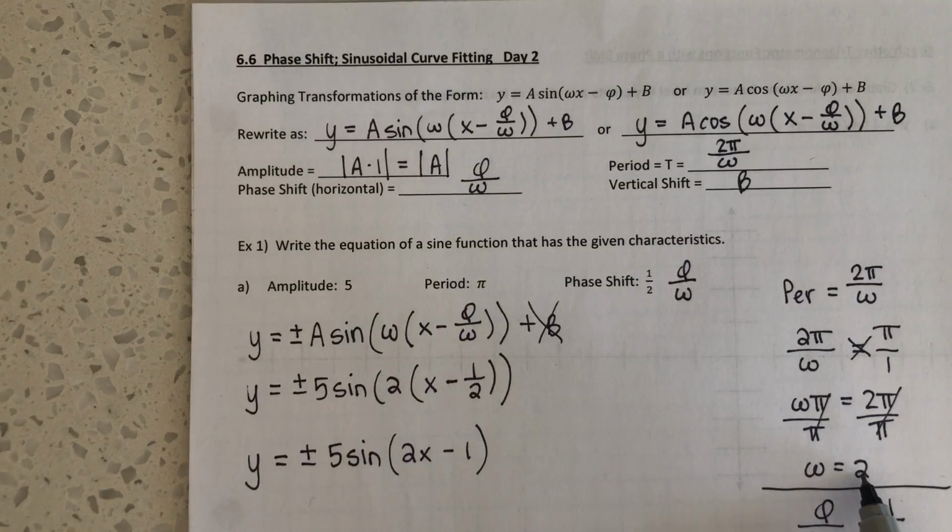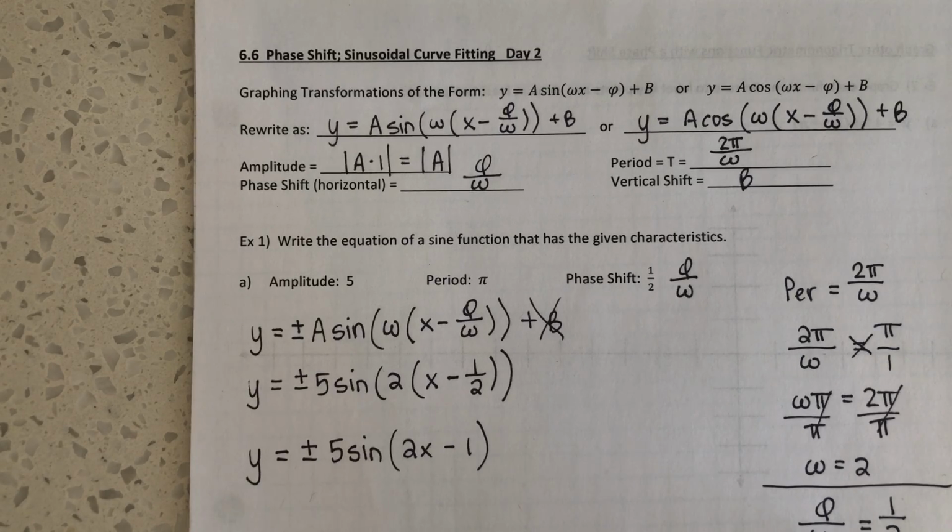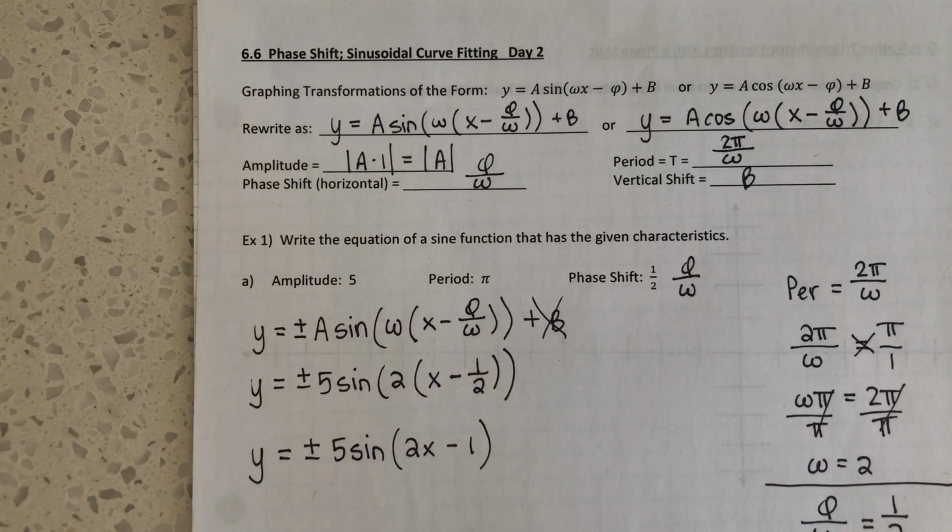And then if you put your omega in, which is 2, you then find out that phi over 2 equals 1/2. Now again, you could see right away that when omega is 2, these line up. So what does phi have to be to make this statement true? Phi has to be 1, right? Or if you cross multiplied, you would have gotten 2 phi equals 2, and then phi equals 1. You still would have found out that phi equals 1.